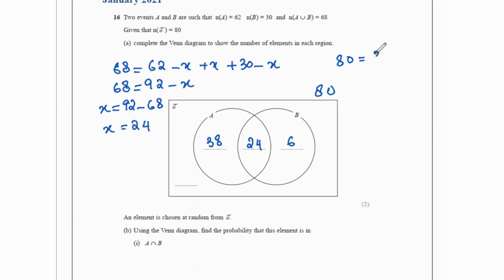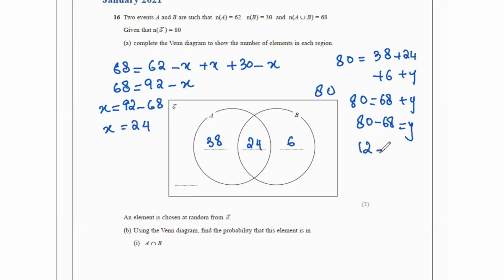So that's 38 plus 24 plus 6, that's 68. So 80 equals 68 plus y. So 80 minus 68 is y, which is going to be 12. So the number of elements that are outside is 12.